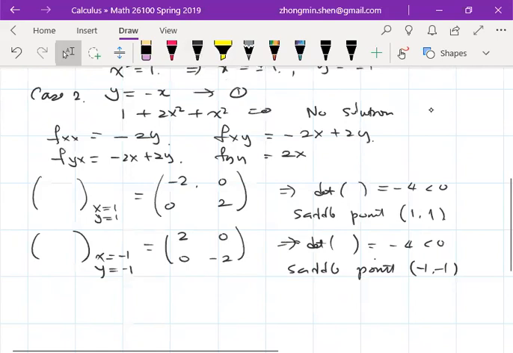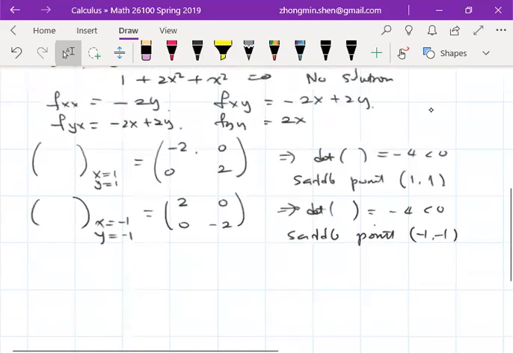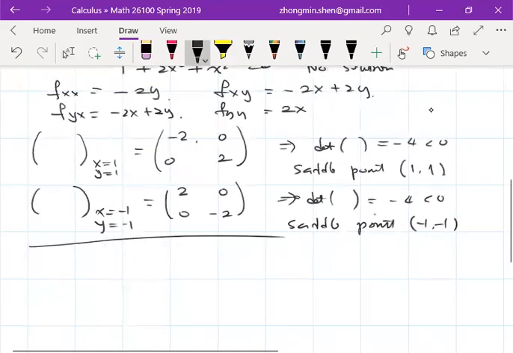Okay, so basically, if the matrix has both negative eigenvalues, then the function has a local maximum value. If both eigenvalues are positive, the function has a local minimum value, okay?